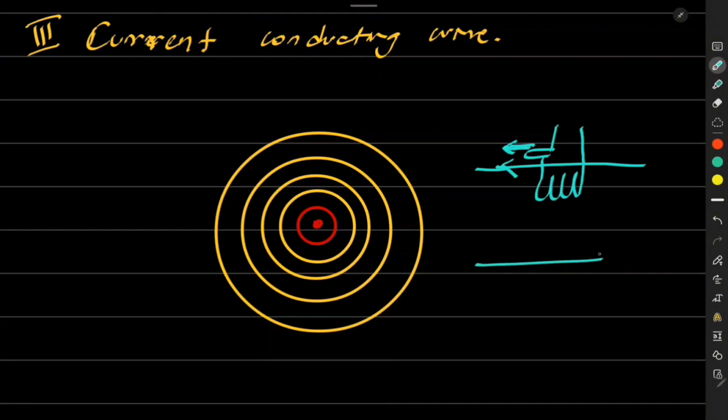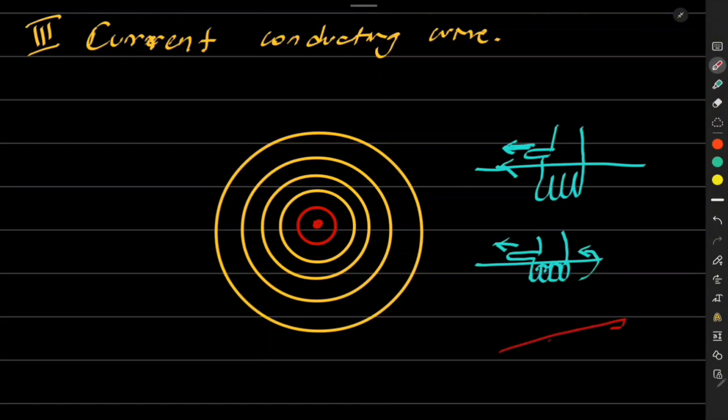We bend the fingers like this, and this is the direction of the magnetic field. The thumb points the current moving direction, and the other fingers point the magnetic field direction.